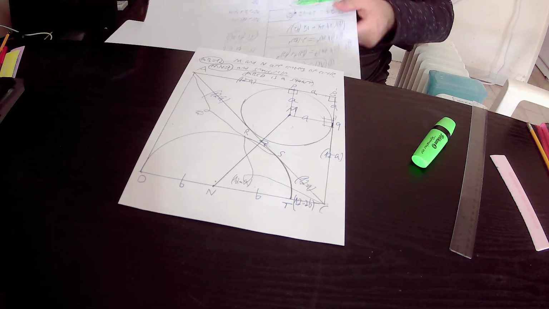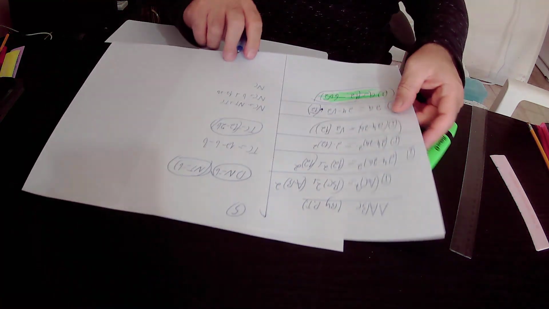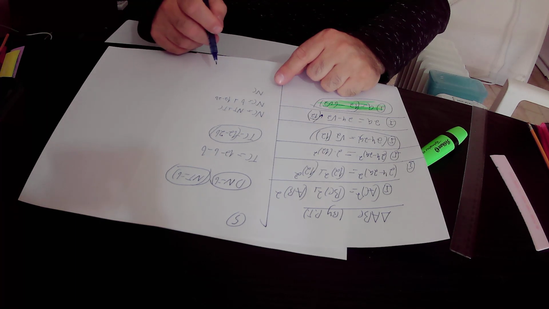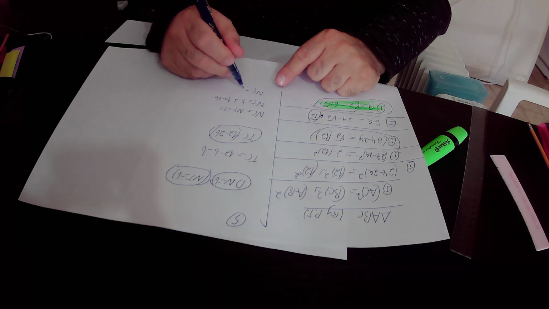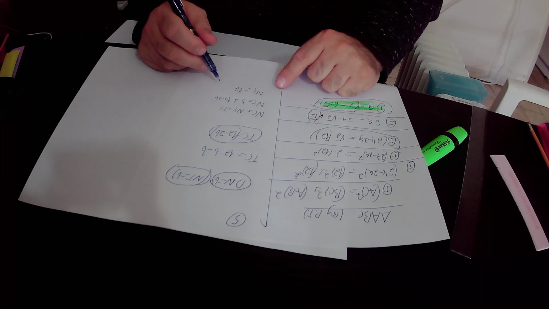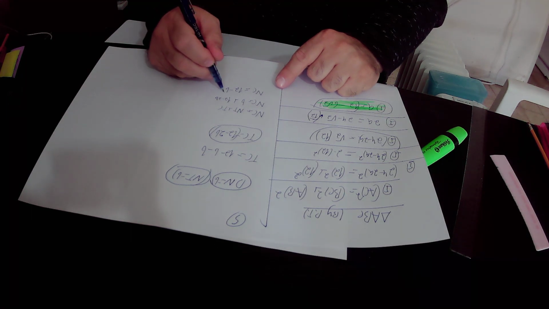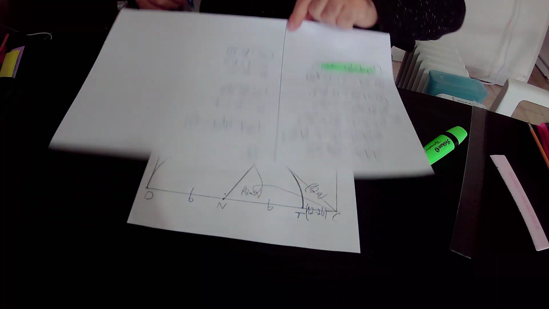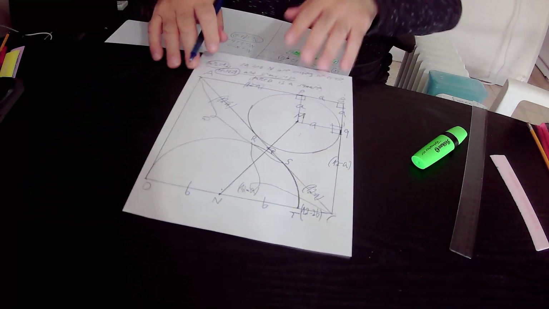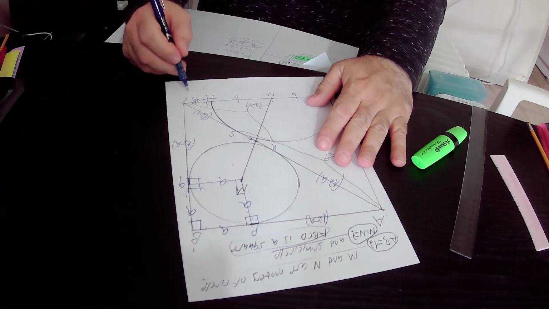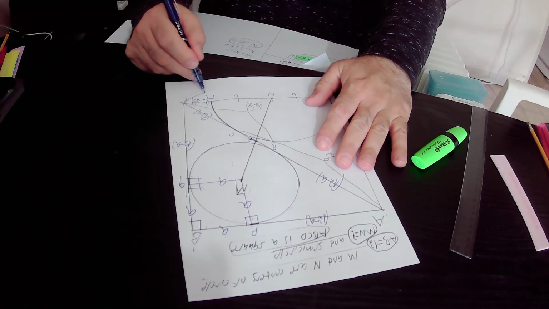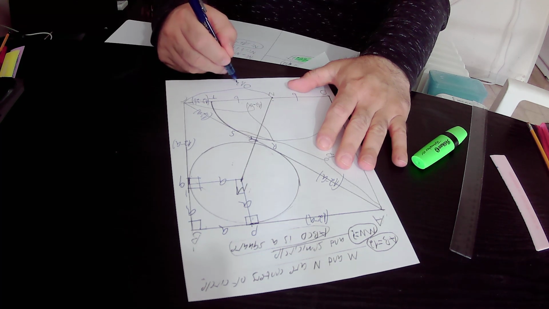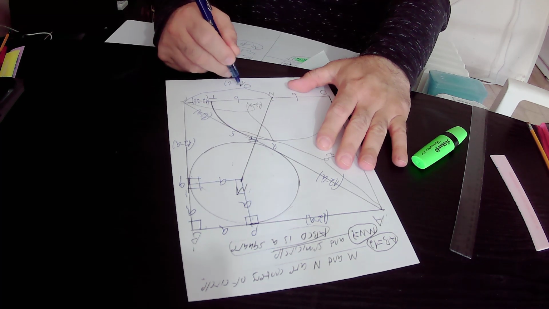In conclusion, we found out that NC equals 12 plus B minus 2B. B minus 2B is minus B. So NC equals 12 minus B.